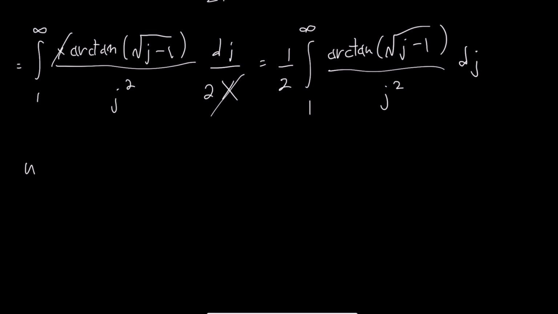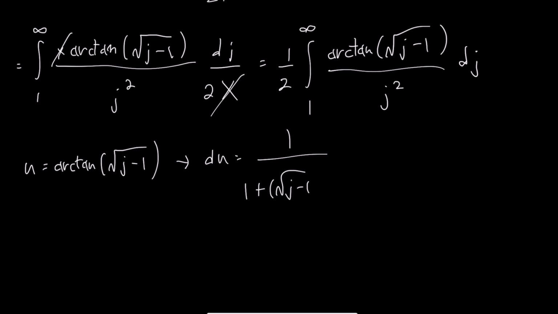So we can let u equal to the arctangent of the square root of j minus 1, which means that du is 1 over 1 plus the square root of j minus 1 squared times the derivative of the square root of j minus 1, which is 1 over 2 times the square root of j minus 1.